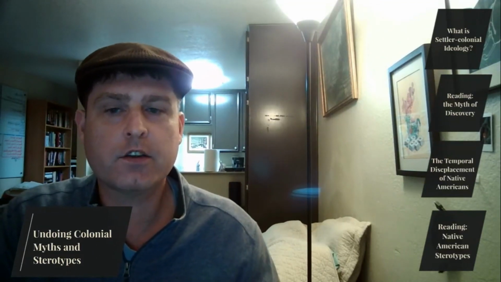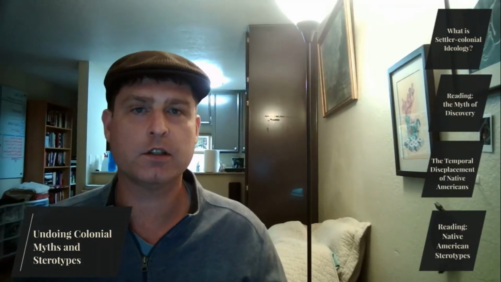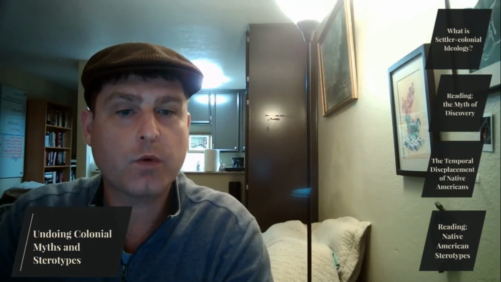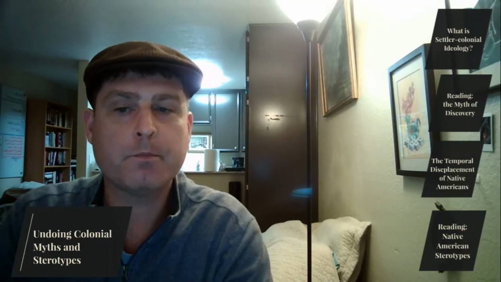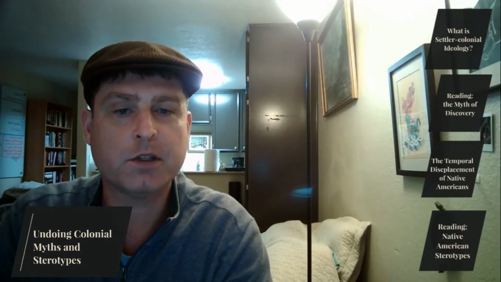Putting these two terms together, we get settler colonial ideology. In this sense, settlers use ideology in the form of stereotypes to justify, rationalize, and legitimate their claims to the land that they have occupied by force. At the same time, these stereotypes are used to justify the dispossession of indigenous peoples whose lands have been occupied.